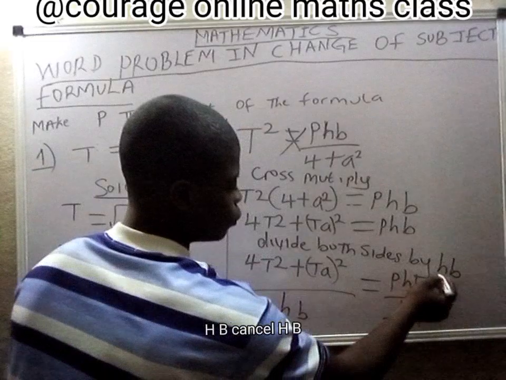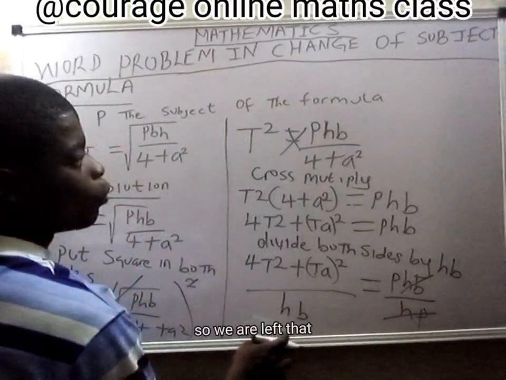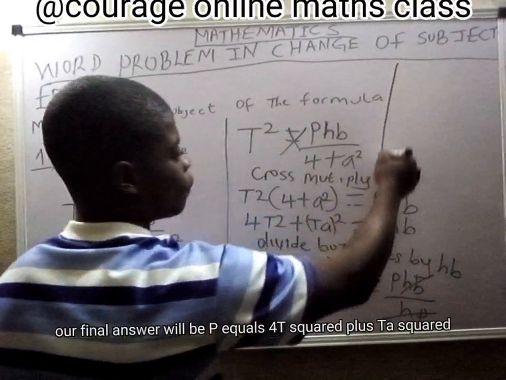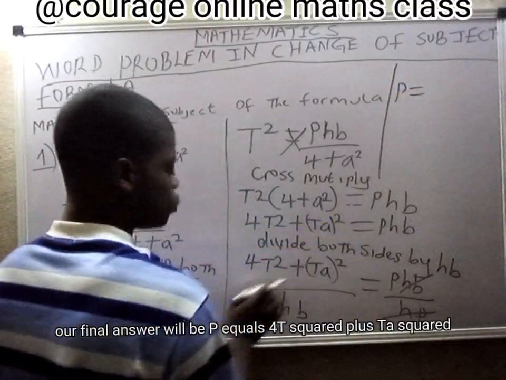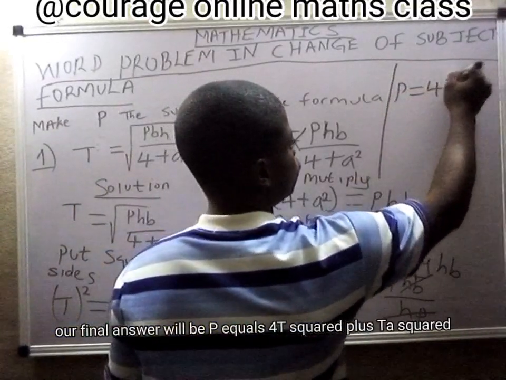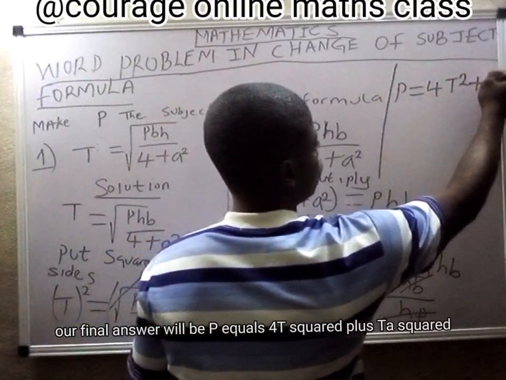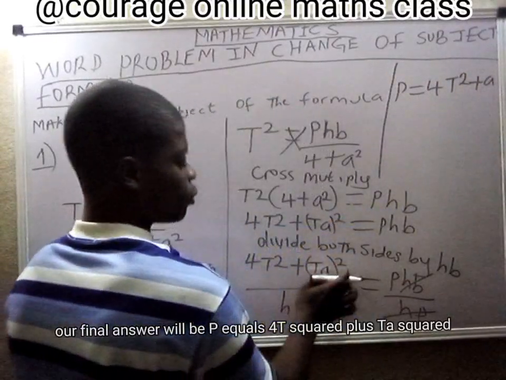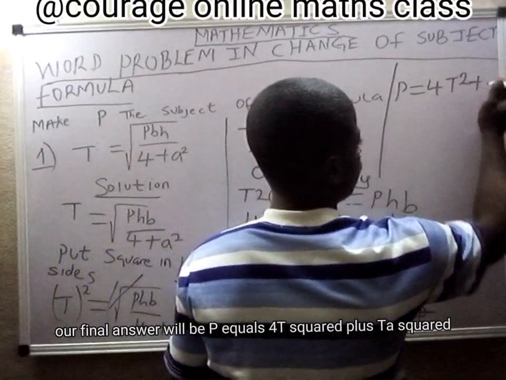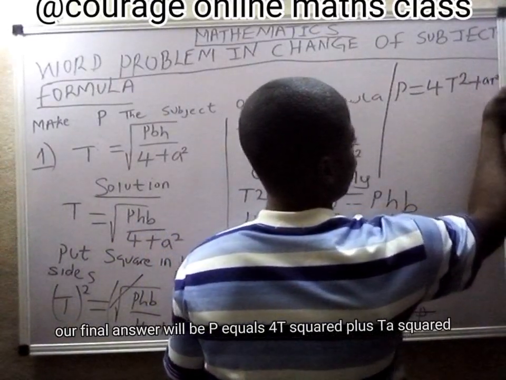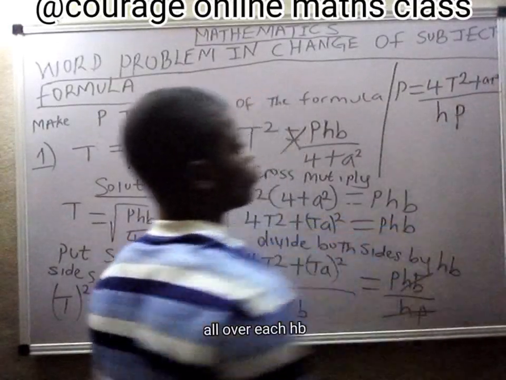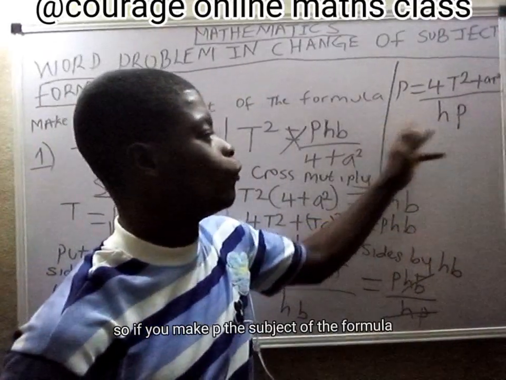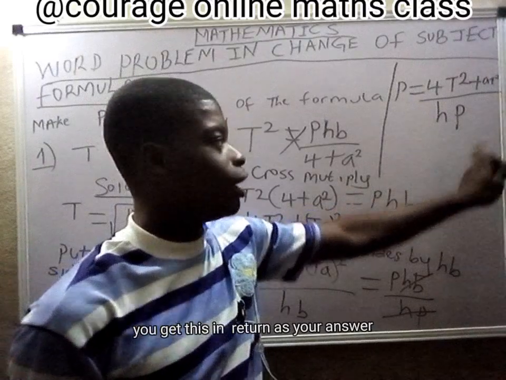So HB cancels HB. So we are left that our final answer will be P equals 4t square plus t square A square all over HB. So if we make P the subject of the formula, you get this as your answer.